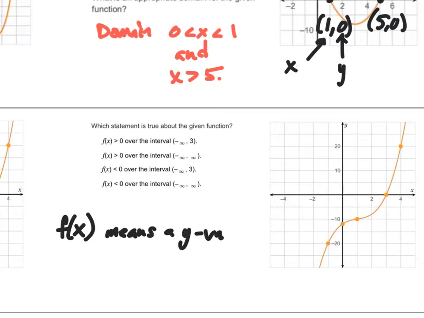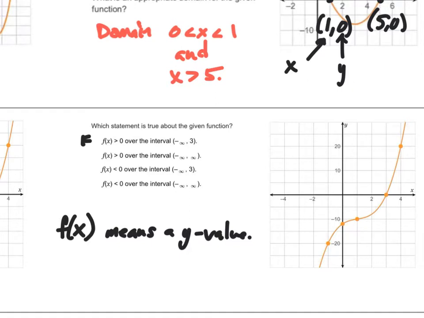So this is saying the y values are positive between negative infinity and 3, and that's not true. The y values between negative infinity and 3 are actually negative. So this is false.